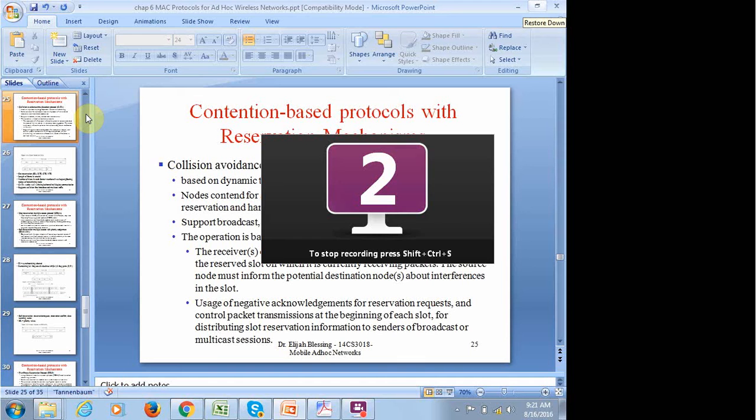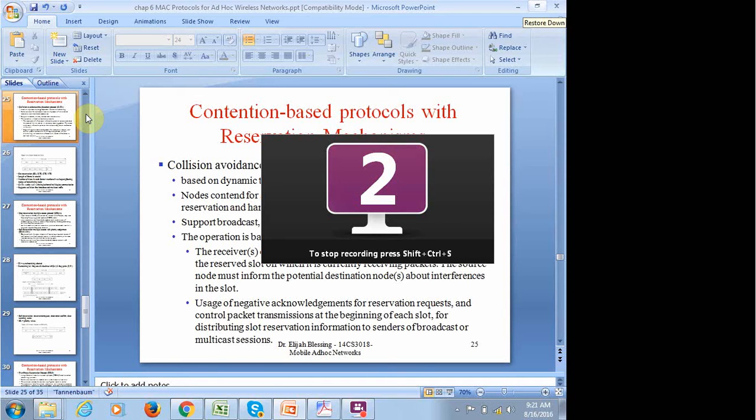Now, what are we trying to learn? We are now trying to learn different contention mechanisms by which we are able to allocate a channel. We are right now looking at MAC protocol, and in the MAC protocol, how we can allocate the channel. And the theme in which we are exploring is contention based protocols.